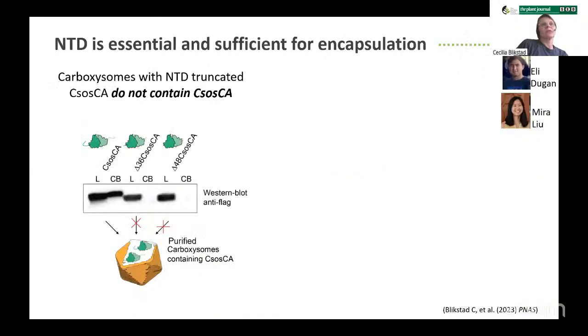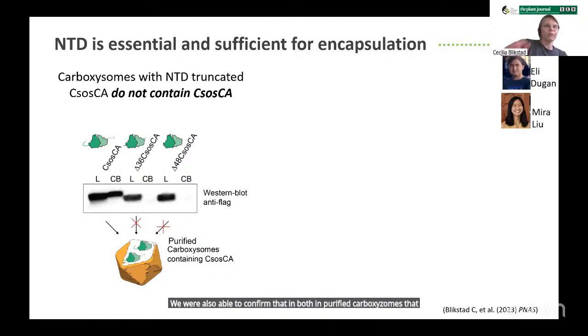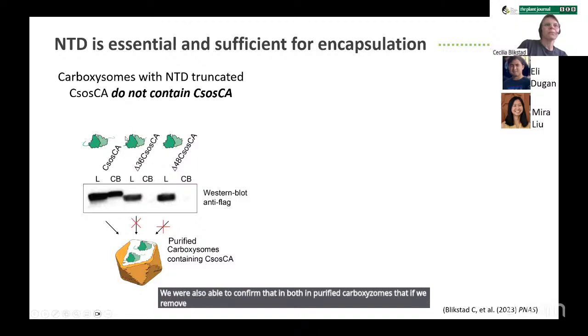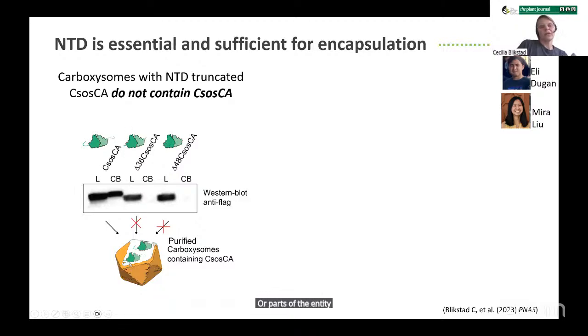We were also able to confirm that in purified carboxysomes, if we remove this NTD or parts of the NTD, this CA is not targeted into the carboxysome.